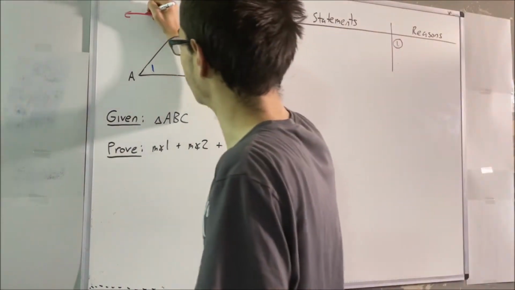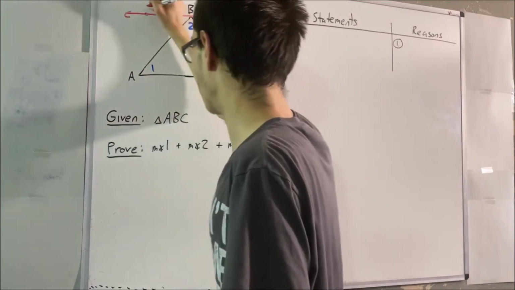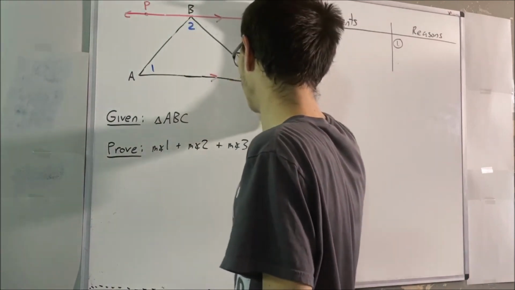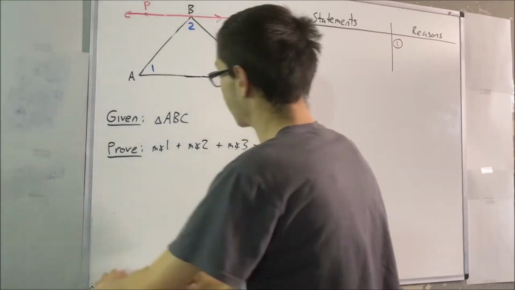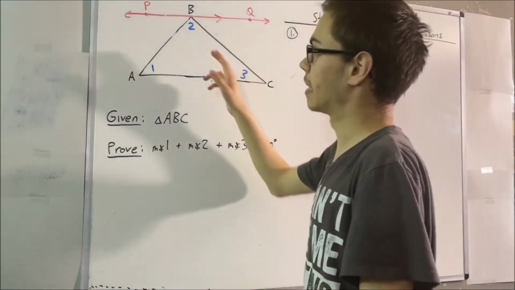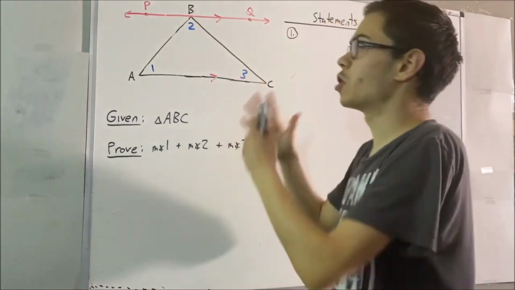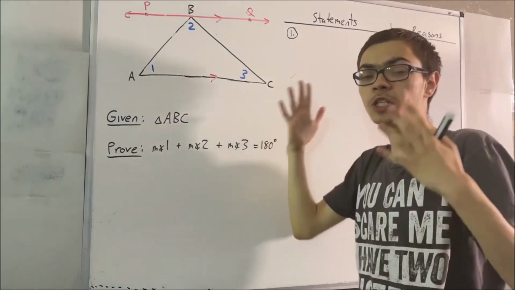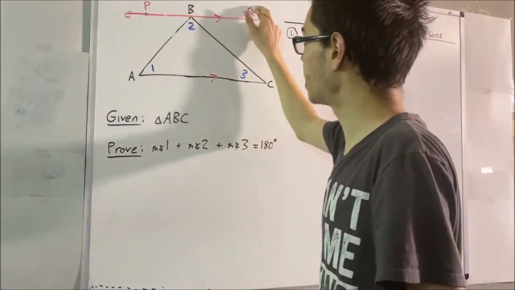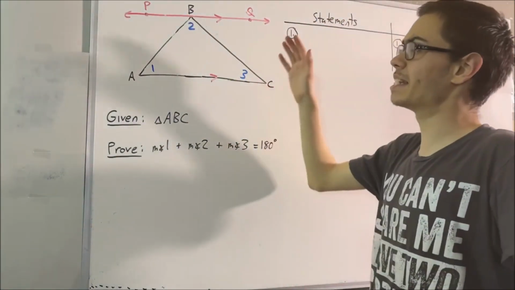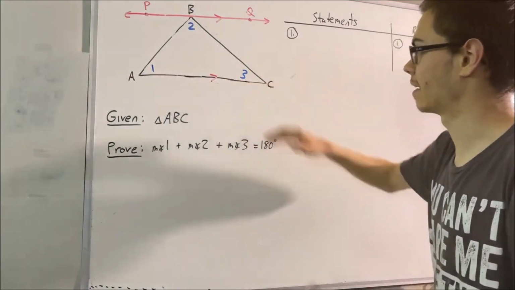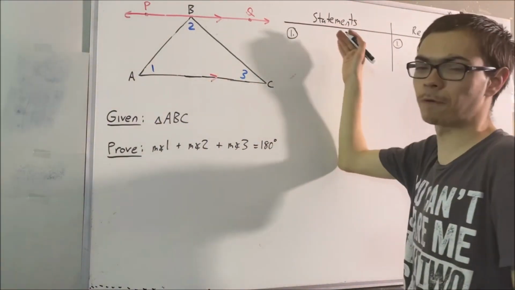I'm going to identify 2 points on our line, point P and point Q. So I can give this line a name now, namely line PBQ. So really what we've done here is we have constructed line PBQ such that it is parallel to segment AC. So that's our first step.